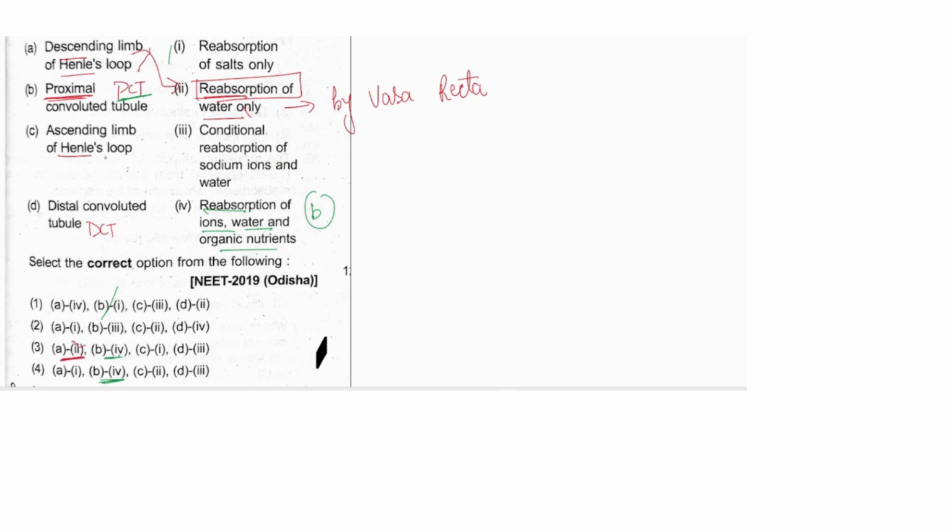Okay, then what is the DCT? Reabsorption at the ascending limb is by the vasa recta. It was reabsorbing the salts. We have seen the descending limb and the ascending limb.